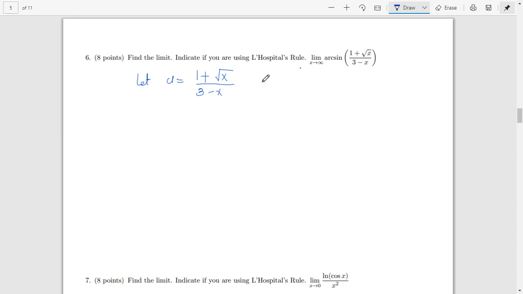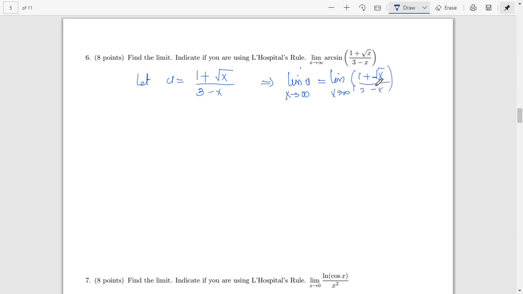Now this means my limit as x tends to infinity is equal to the limit of this whole function, 1 plus square root of x over 3 minus x.